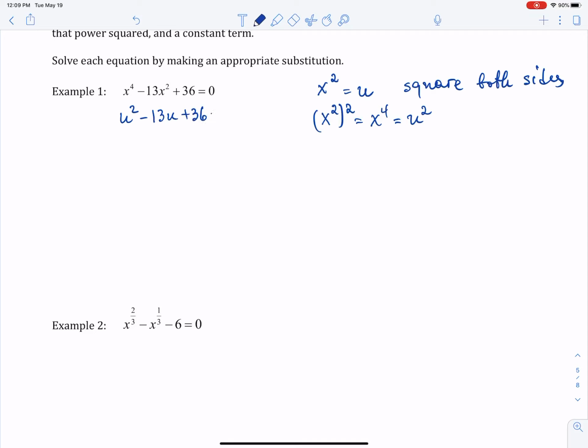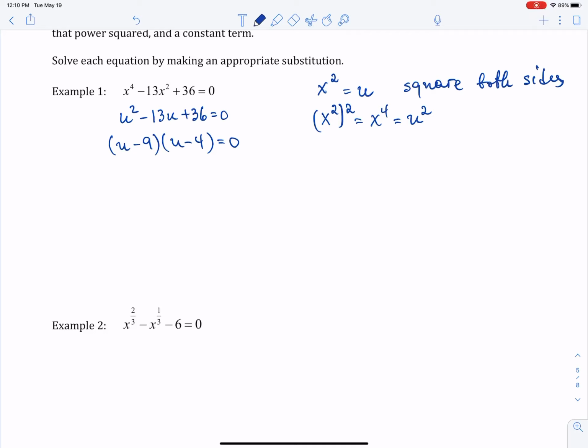Now this problem looks very familiar and it's very easy to solve. We can use any methods. We can use the quadratic formula. We can use factoring. Here it's not hard to factor because negative 9 times negative 4 is positive 36, and negative 9 plus negative 4 is negative 13.